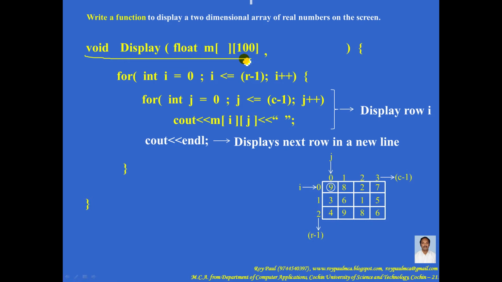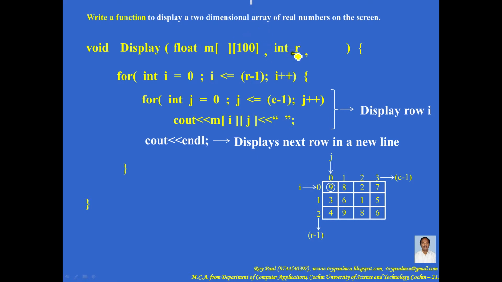In the function prototype, when you declare a two-dimensional array, number of rows is not a must. And if you give the number of rows, it must be the same as the one given in the main function or the calling function. Number of columns must be given and it must be the same as the one given in the main function or calling function.